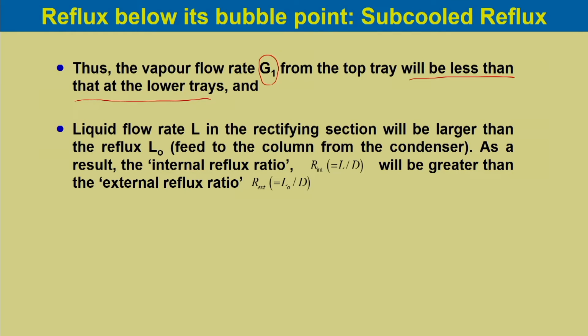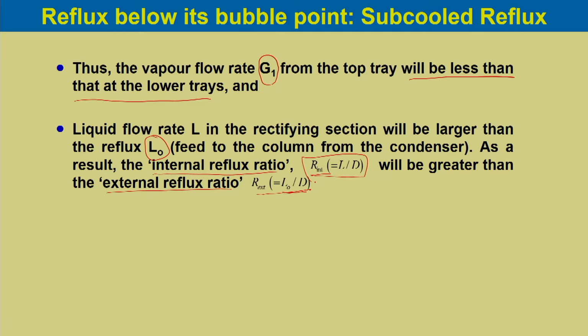The liquid flow rate L in the rectifying section will be larger than the reflux L naught that is fed to the column from the condenser. As a result, the internal reflux ratio, R internal, which is L by D, will be greater than the external reflux ratio, which is defined as R external equal to L naught by D. So, this is the external reflux ratio and this is called the internal reflux ratio.